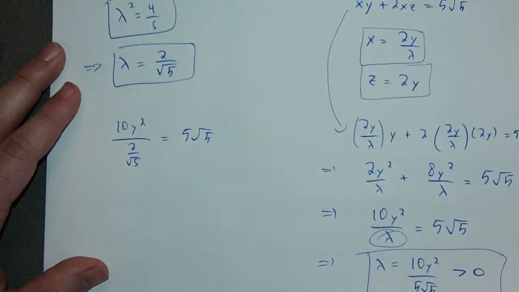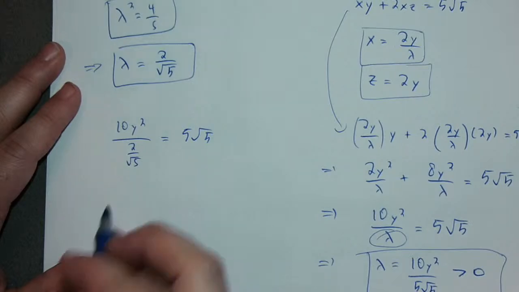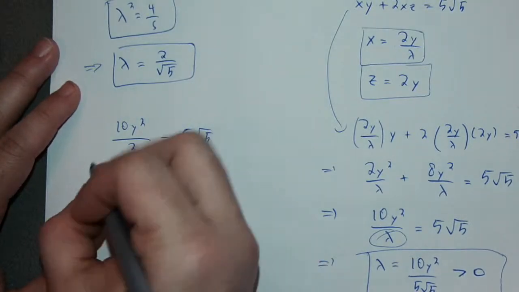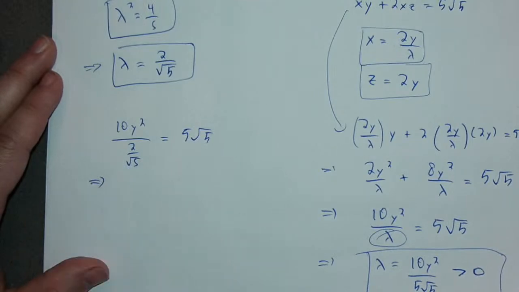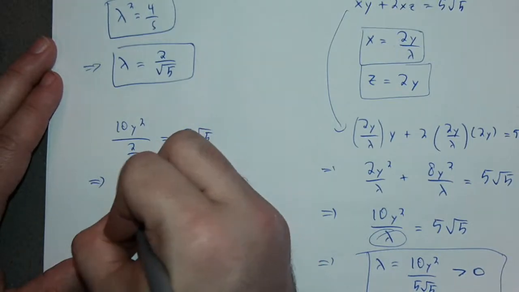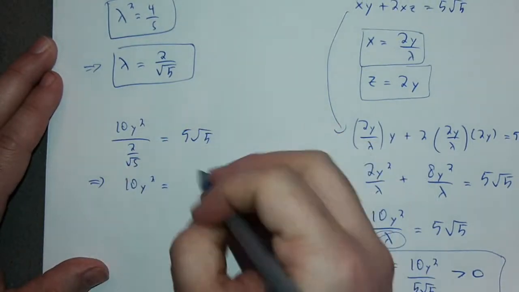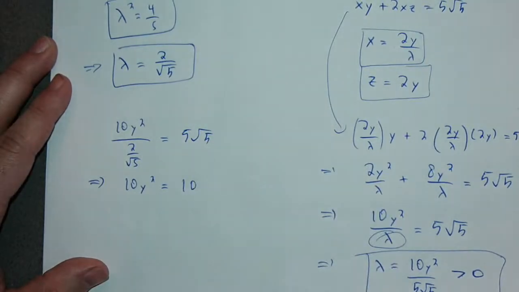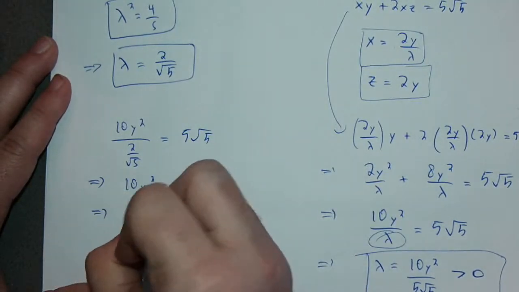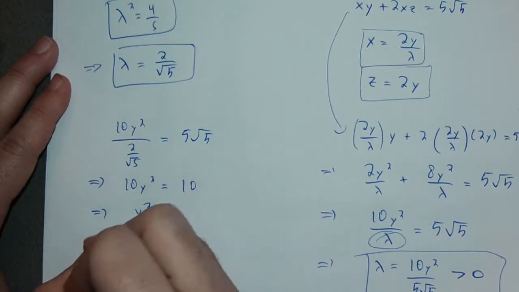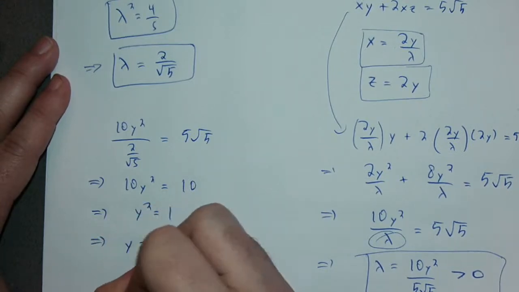Wow. When I multiply both sides by 2 over root 5, I get 10y squared is equal to 10. So y squared is equal to 1, so y is plus or minus 1.